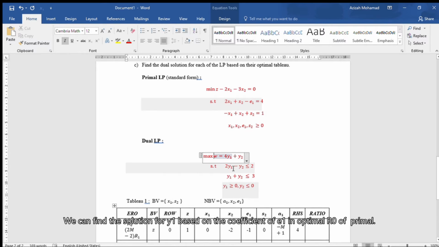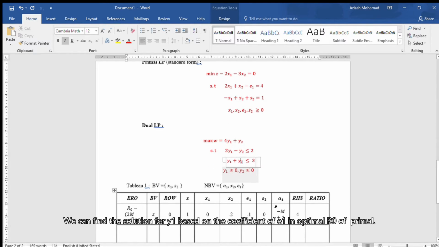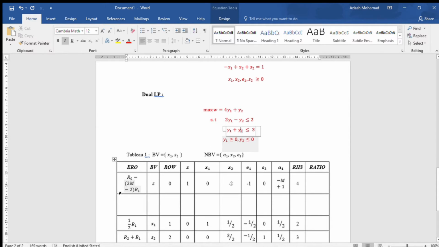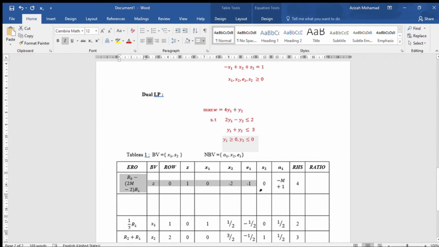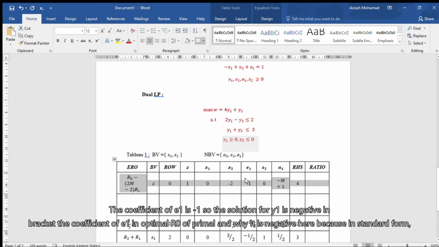We can find the solution for y1 based on the coefficient of E1 in the optimal row 0 of the primal. This is row 0. The coefficient of E1 is negative 1.